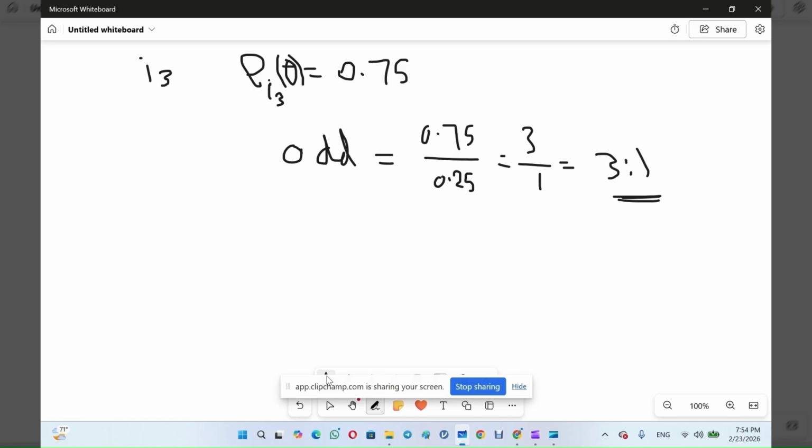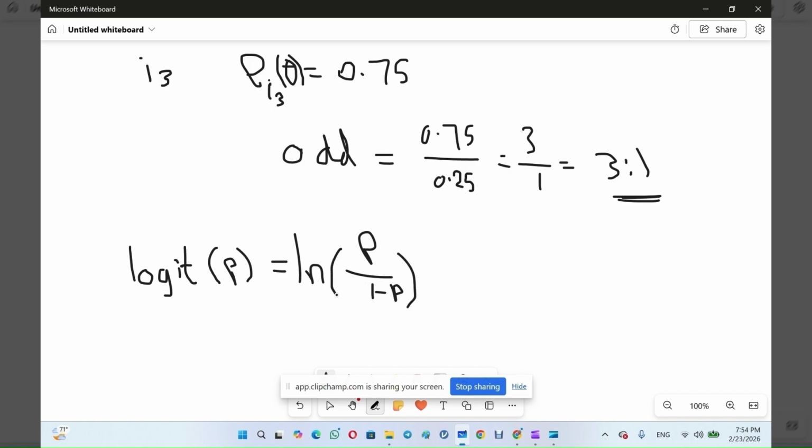So now the logit, for example, the logit of a certain probability P is actually the natural logarithm of the odds. The odds is P over 1 minus P. That's what it is.